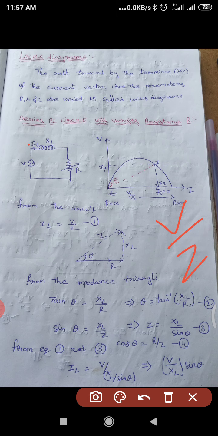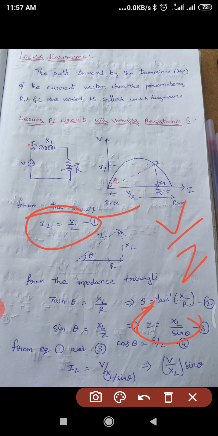Here Z is the impedance of the given circuit. So see here, from equation 3, Z is equal to XL by sin theta. Now I am writing this Z value in equation number 1.